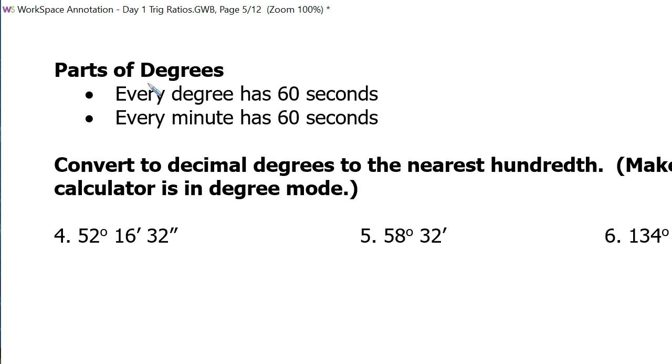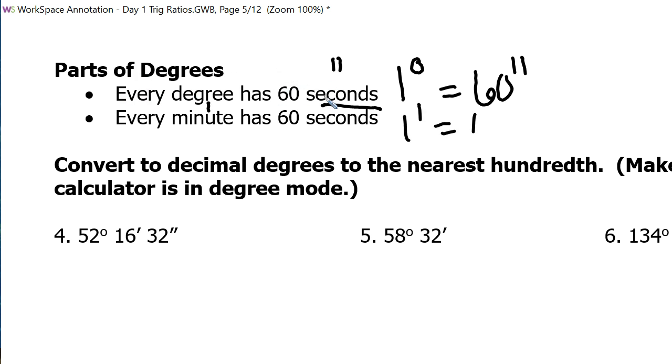You really don't have to memorize this, but every degree, so 1 degree, is equal to 60 minutes, and every minute has 60 seconds.